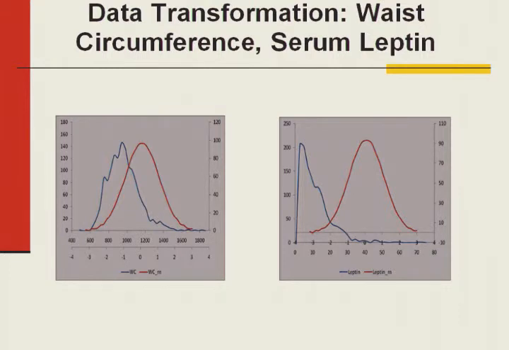Now, there's trade-offs to imposing this bell curve worldview on our trait. On the one hand, it's protecting us against inflation of false positives. On the other hand, to the extent that there are some true signals out here in the tails, and there probably are, we may be decreasing our power to find them by normalizing the traits.